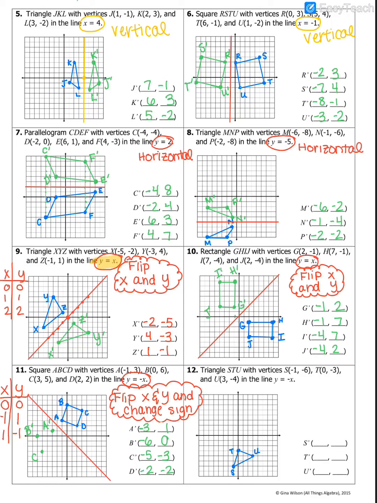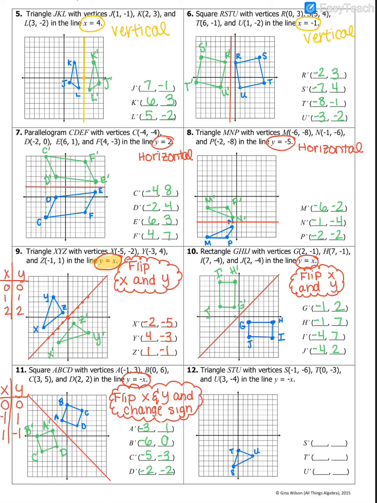And my pen shut off. Go figure. Okay. And then -2, -2 is D prime. I'm going to connect those. And it shut off again. Oh my goodness. All right, so there's my picture.